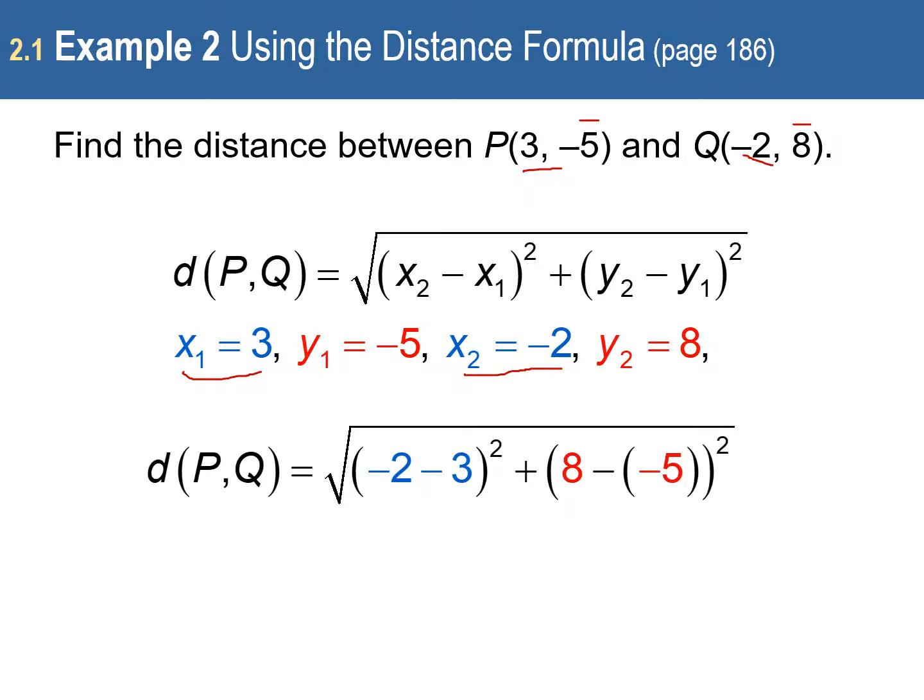Substituting in and keeping your signs straight, you have (-2 minus 3) squared plus (8 minus -5) squared. So this becomes 5 squared or 25, 13 squared or 169. So this is the square root of 194.